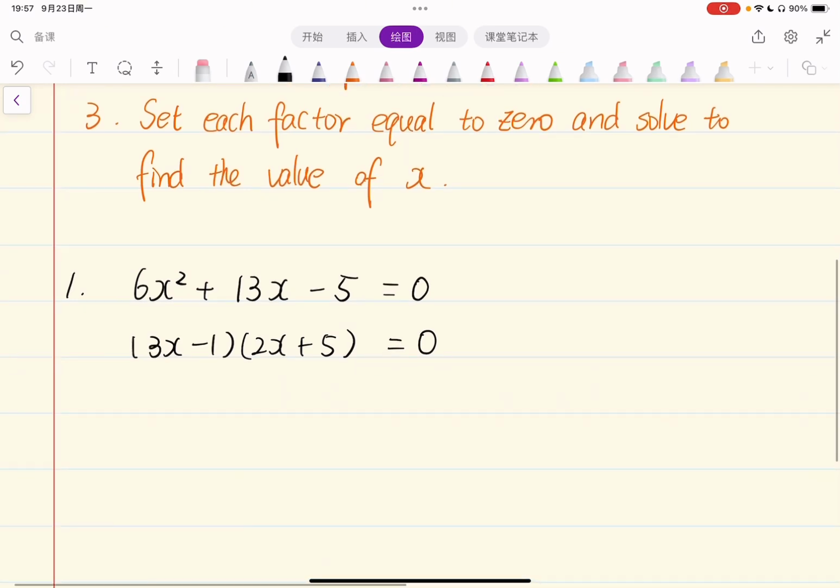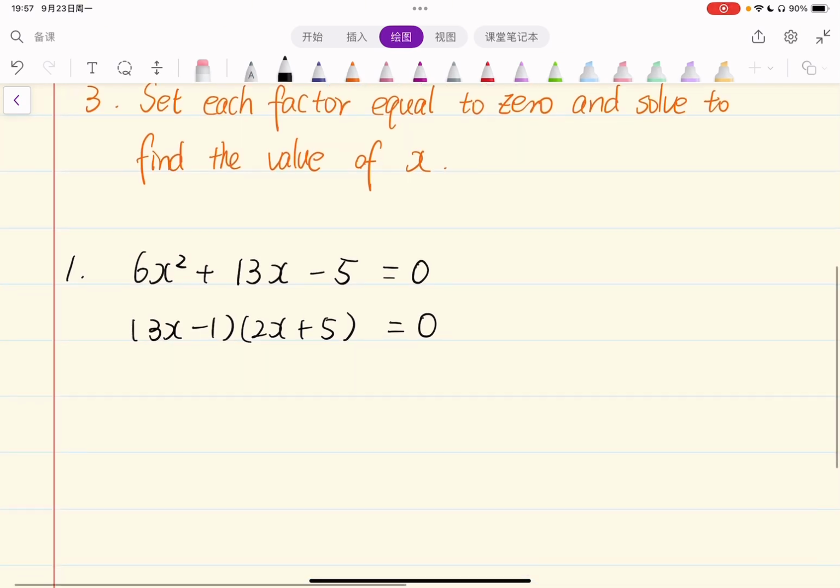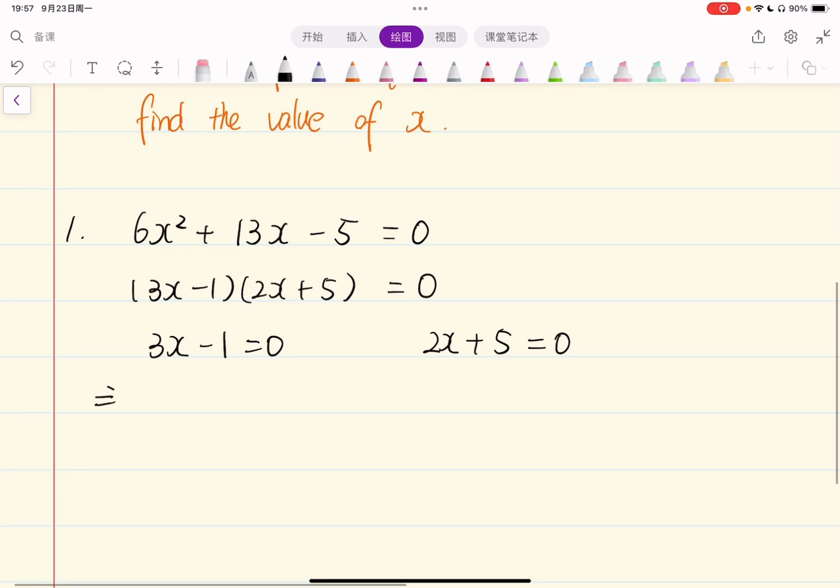Then we set each factor equal to 0, which means we set 3x minus 1 equal to 0, and another one is 2x plus 5 equal to 0. For the first one, we have 3x equal to 1, x equal to 1 over 3.